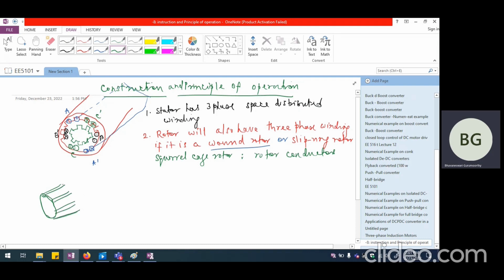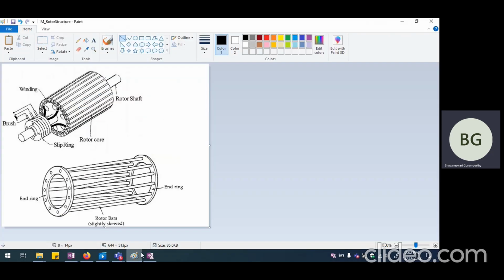So this is the rotor conductor. I'm going to have this short circuited with another end ring here. So I'm going to have two end rings at the two ends of the rotor, arranged in the form of a cage. Something like this, you can see that this is the squirrel cage construction, where you have these thick conductors, which are the rotor bars, and at the two ends, they are short circuited with end rings.